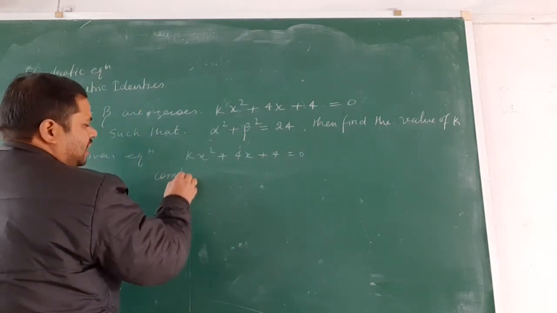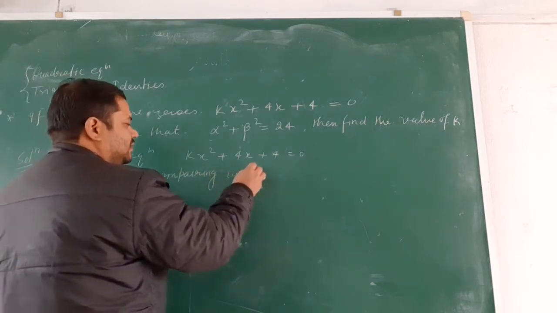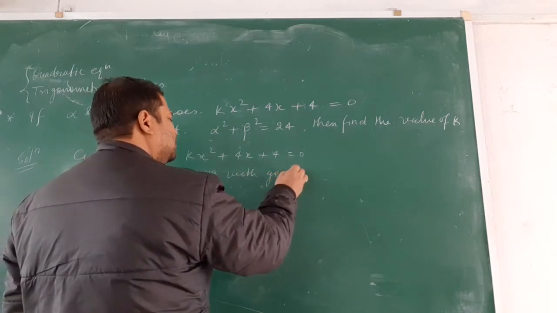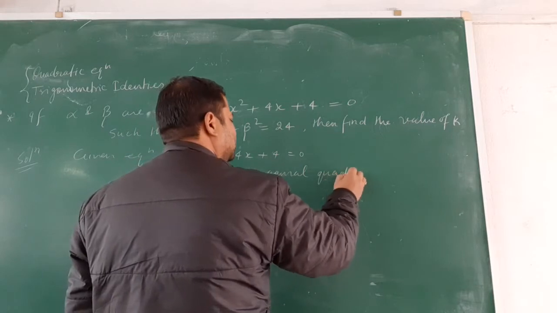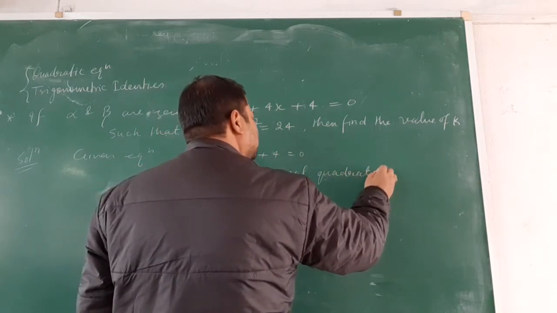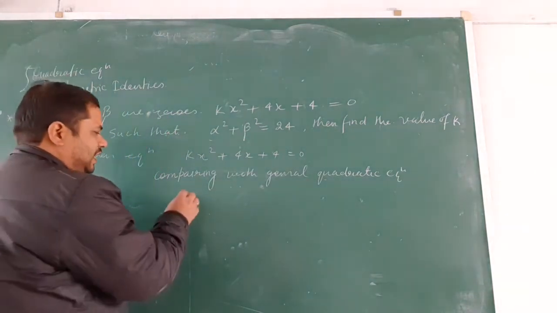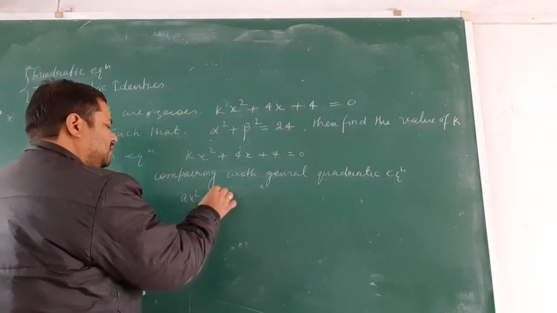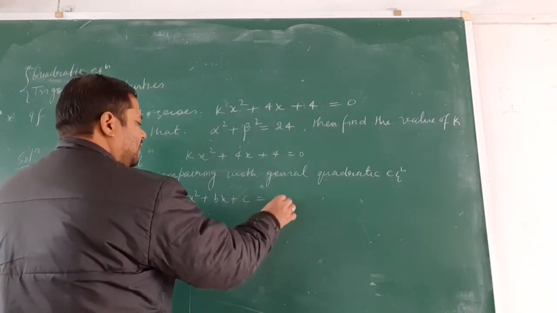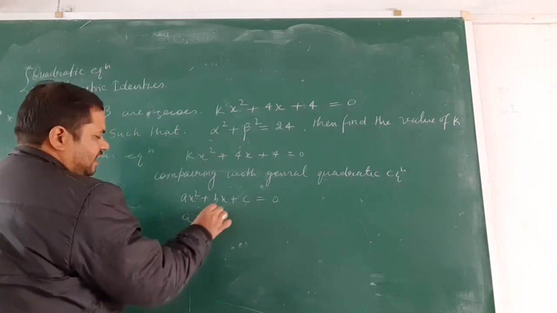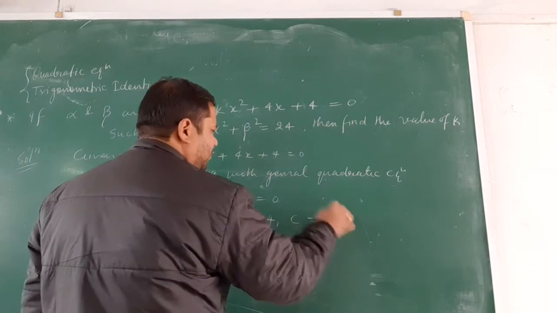Comparing with the general quadratic equation ax square plus bx plus c, you will have a is equal to k, b is equal to 4 and c is equal to 4.